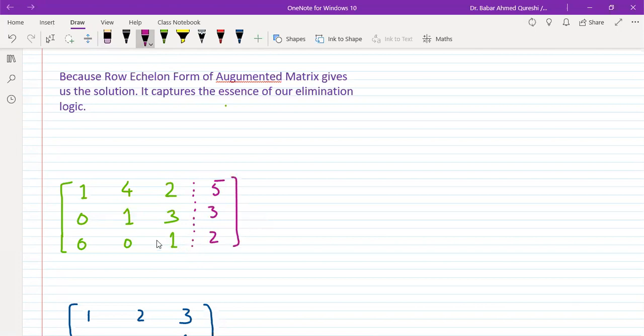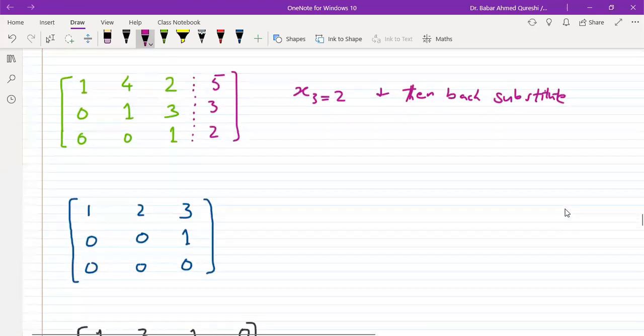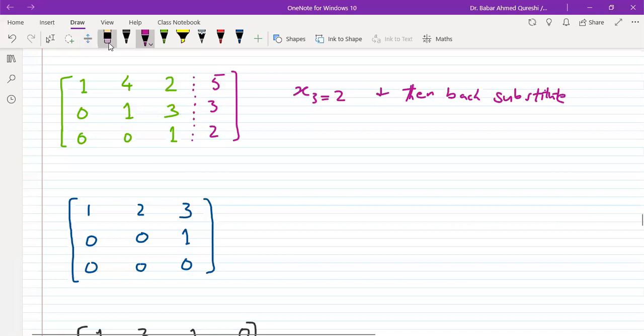Since it's in row echelon form, I have a solution that x3 is 2, and then I back substitute. Let me change this as well.